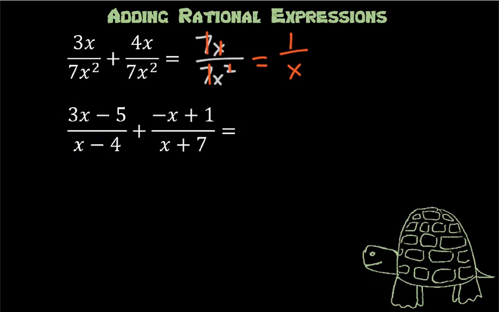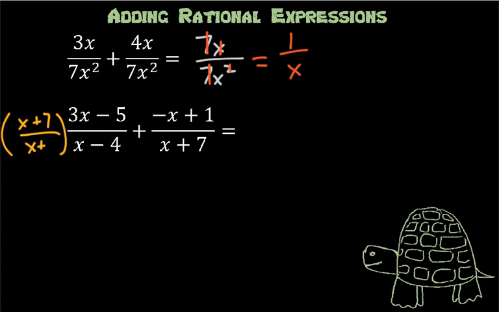When we have a situation like this, where we do not have common denominators, it gets slightly more messy. So we have to take our denominator from this fraction and multiply it by this fraction over itself. So that x plus 7 is going to be in the numerator and the denominator.